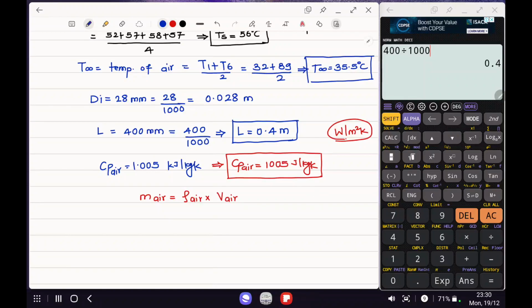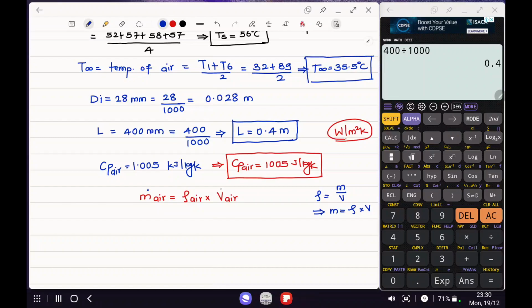This comes from the definition of density itself. We know that density is nothing but mass per unit volume. So if we want mass, then we will keep mass on one side and multiply density with volume. That's it. Now in this case, one thing yet to be remembered, here not only mass of air is there, but actually it is mass flow rate of air, and because of that we will express the mass flow rate with the help of the m dot symbol.